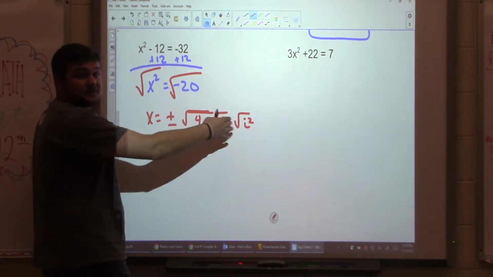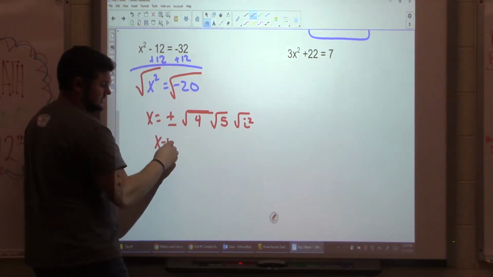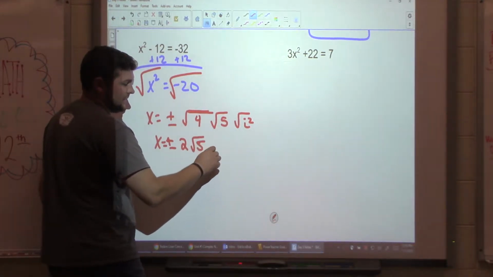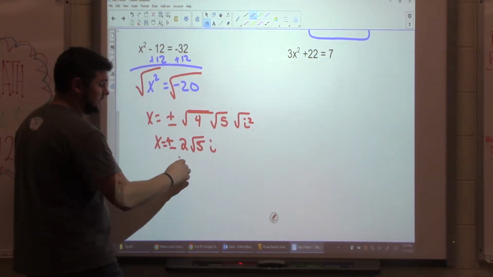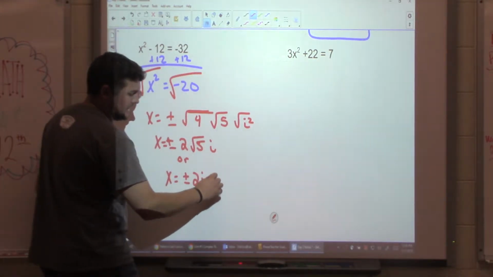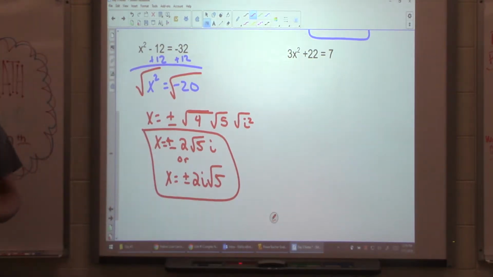We all see where those pieces come from? Okay? So x equals positive and negative 2 square roots of 5 times i. Or you could write it as x equals positive negative 2i square root of 5. Either one of those will work.